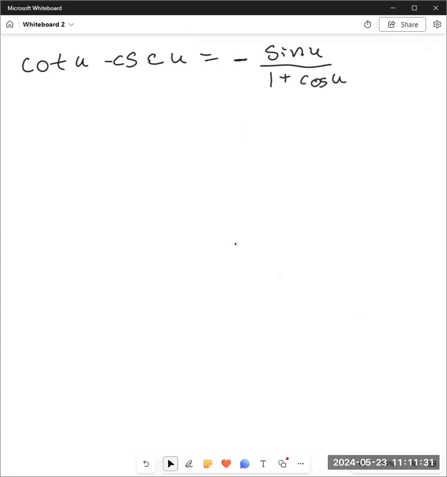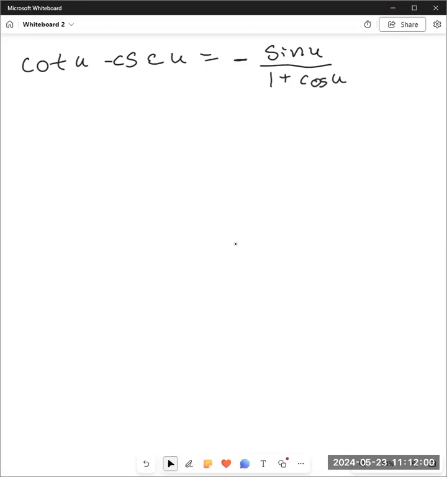It's debatable here which side is more complicated than the other. If it were just presented like this to you on the test, it's 6 of one, half a dozen of the other, of which one you want to start with. The instructions in this problem in my labs are going to tell you to start working on the left-hand side. So that's what I'm going to do to kind of help you follow along here.